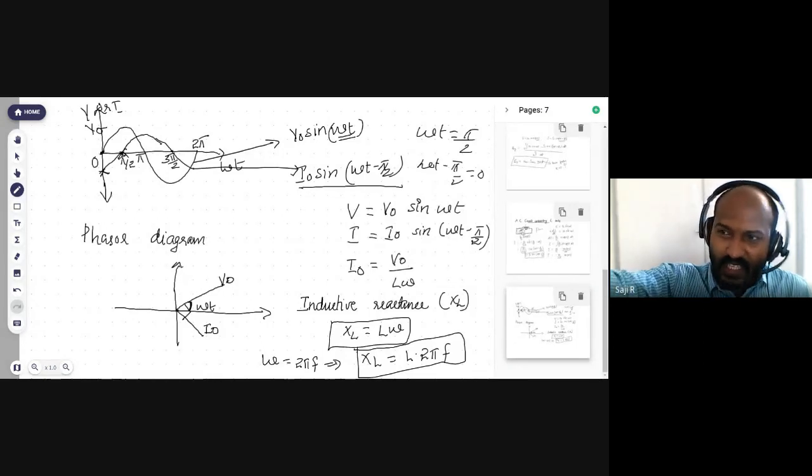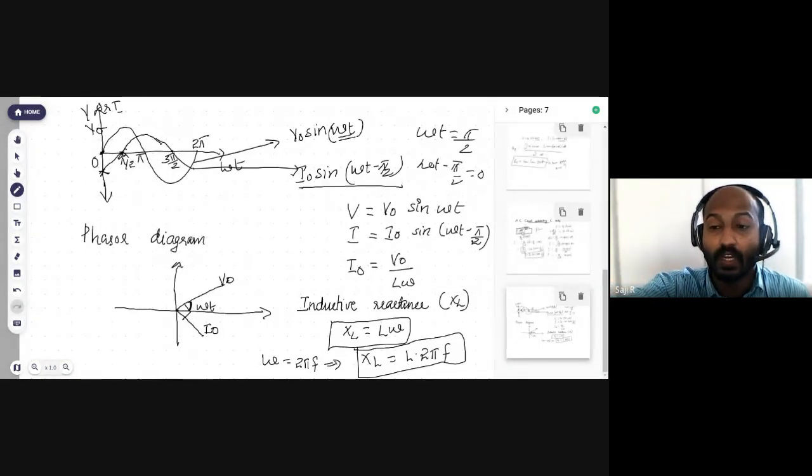So normally inductor coils are used in an AC circuit for reducing the current flow through the circuit. In a DC circuit, if you want to reduce the current flow or produce some potential difference, then we use resistance, because resistance will oppose the current flow.